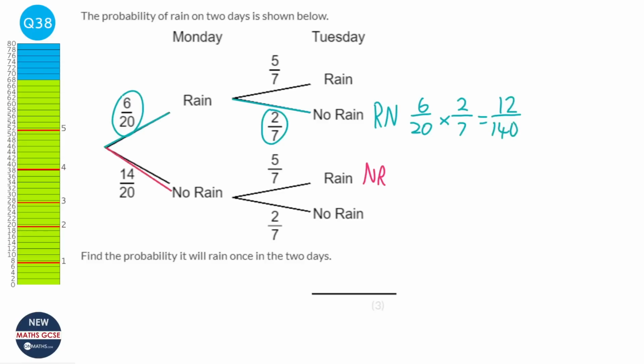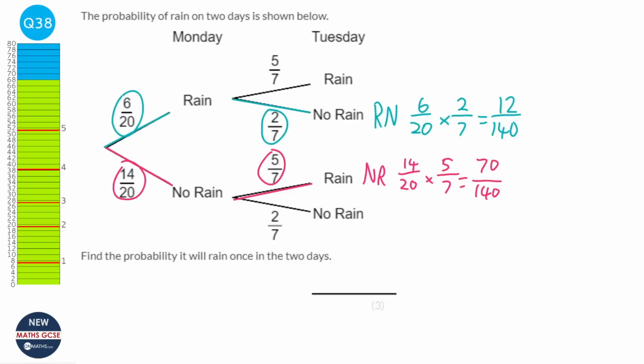And to work out the probability it will not rain on Monday and rain on the Tuesday, we're just going to multiply the 14 over 20 by the 5 over 7. And so that would be 14 over 20 times 5 over 7, and that will give us 70 over 140.